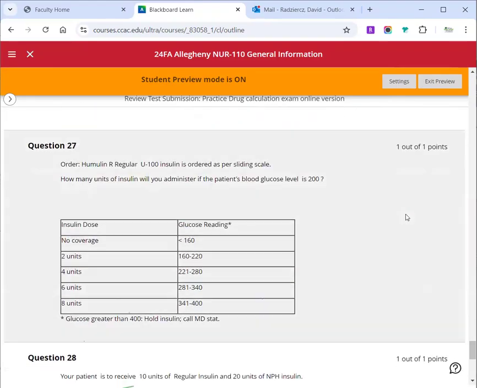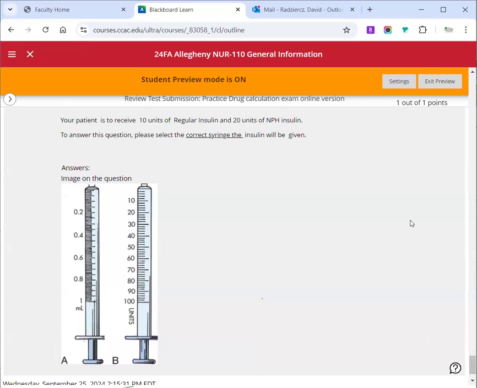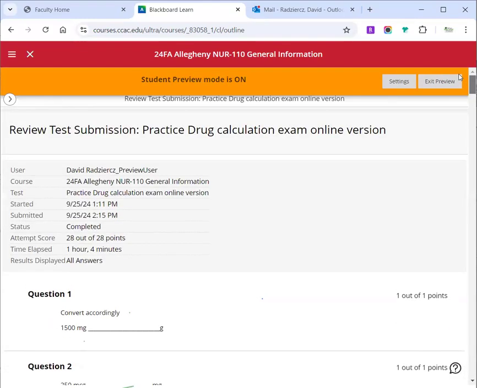If you follow along with this, you can see that I chose all the questions correct for this particular test. I guess I could have looked at my 28 and 28. If I had missed anything, it would have said 0 out of 1 point, and that would have been a way to remember which one I missed and revisit that question.